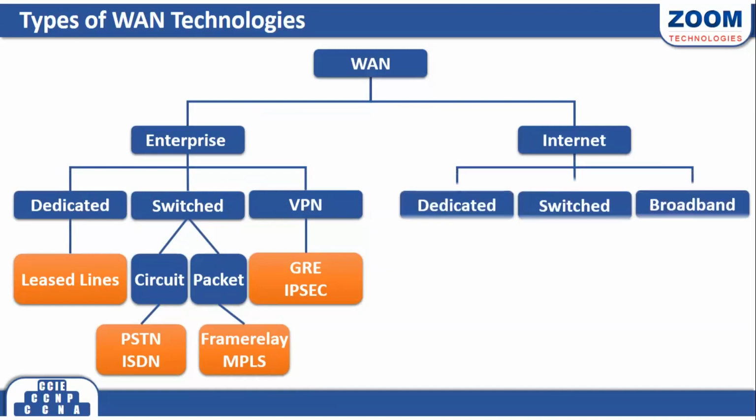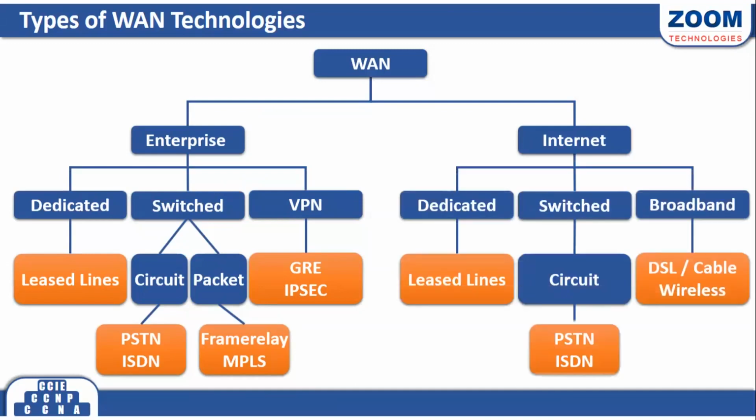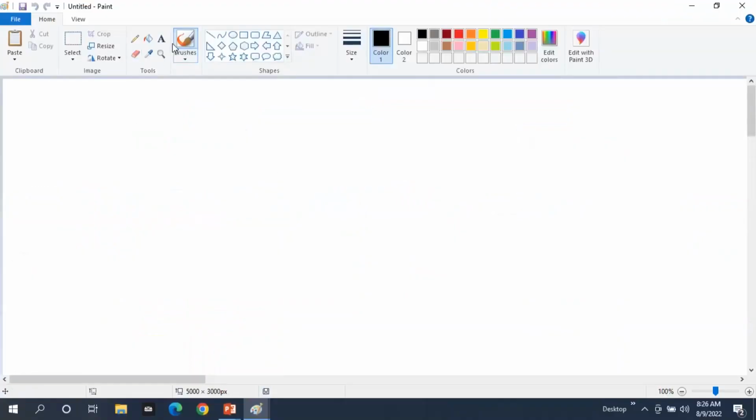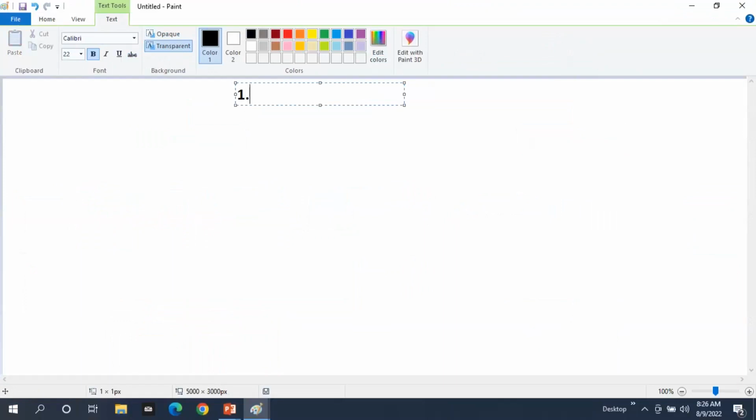Similarly, in internet also, we have different types of technologies. So today we started discussing point number 1, WAN technology.